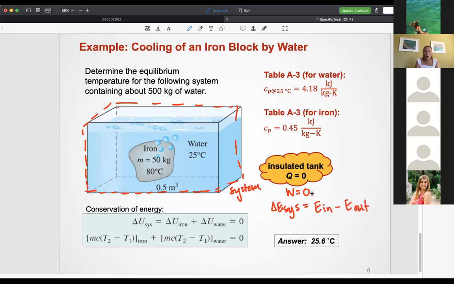We have no work, we have no heat. This whole side becomes 0. Our change in energy of our system is going to be our change in kinetic energy, our change in potential energy, and our change in internal energy. This system is not moving. It's a stationary system. So our equation just becomes our change in internal energy is equal to 0.